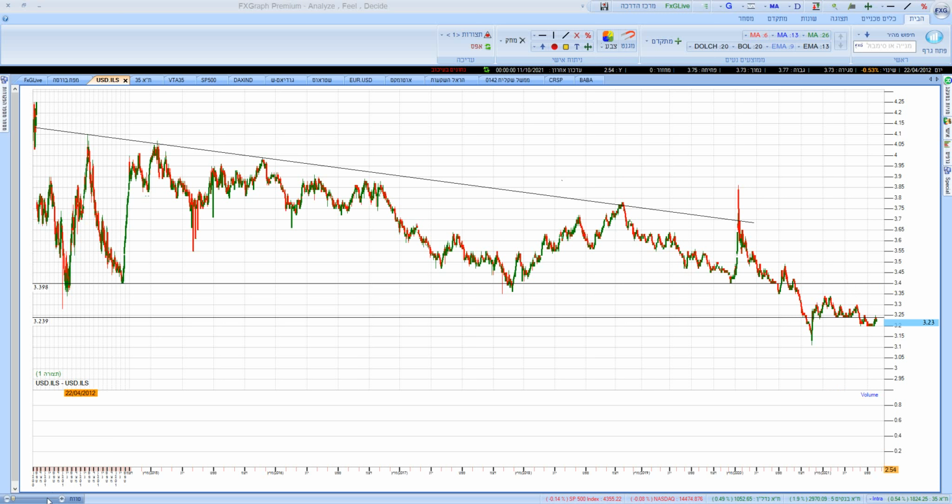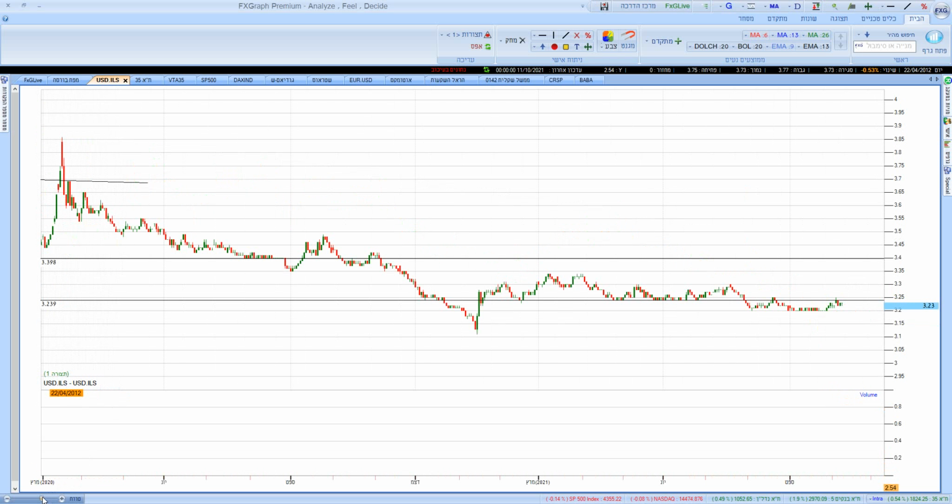Now, if we look at the short run, we can see that 3.24 is another support. In July, the Bank of Israel decided to decrease the dollars it buys and not to buy so much.